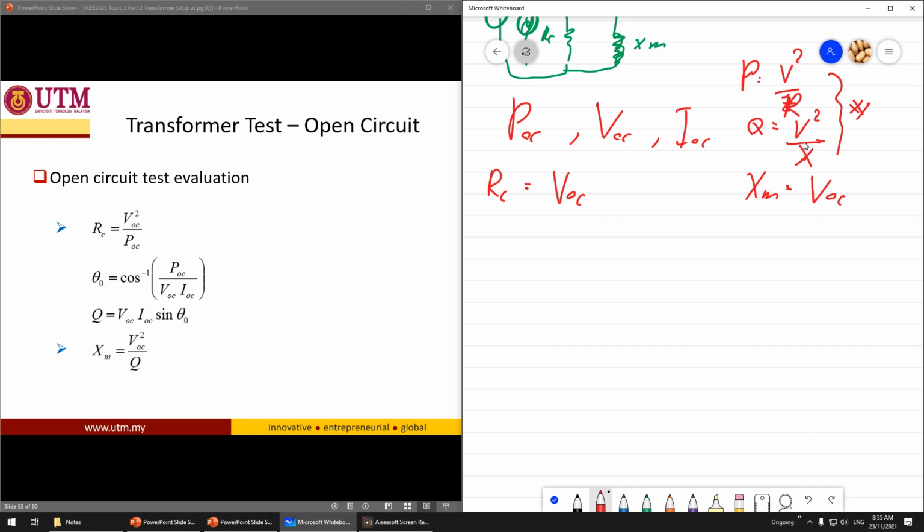That's why you only use these formulas. If you rearrange, this one is POC and this one is QOC. That is how you obtain the parameters.